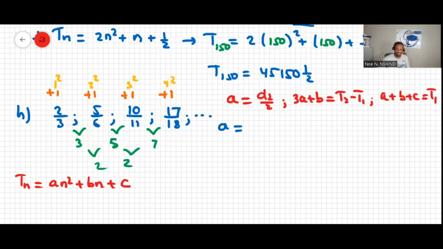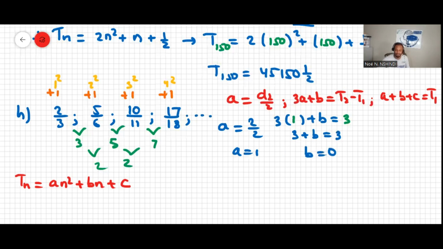A will be equal to D2 over 2. So a is 1. 3a plus b, where a is 1, equals t2 minus t1, which we find to be 3. That makes 3 plus b equal to 3. So if we subtract 3 from both sides, we have b equal to 0.